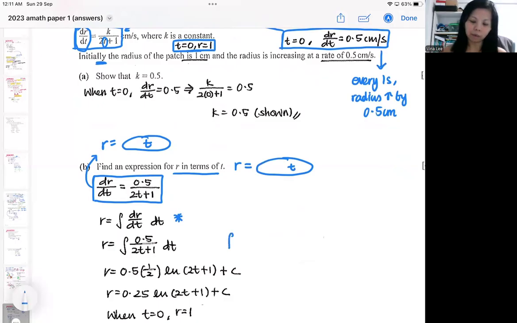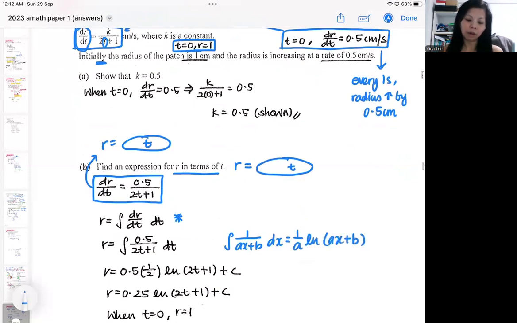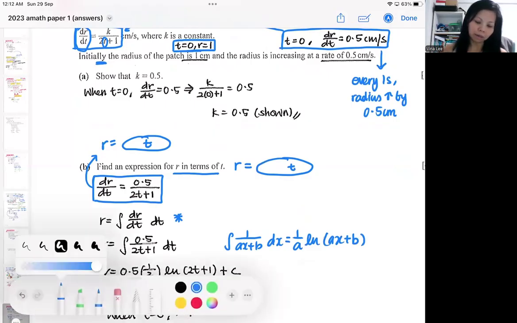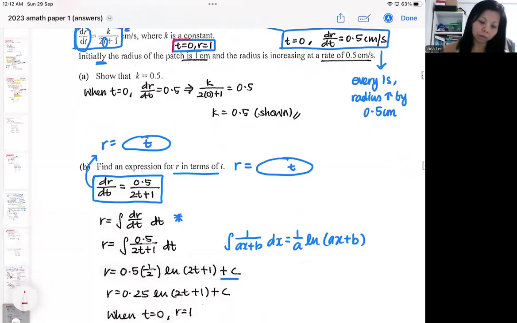So I am applying the formula of the integral of 1 over (ax plus b) equals 1 over a times ln(ax plus b). So if I apply the integration, there will be a plus c. And that's why you are given this to find the c value.